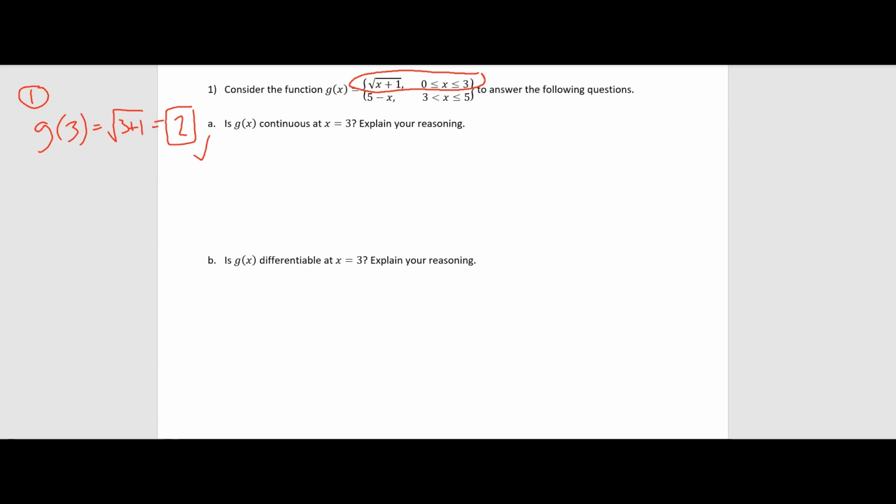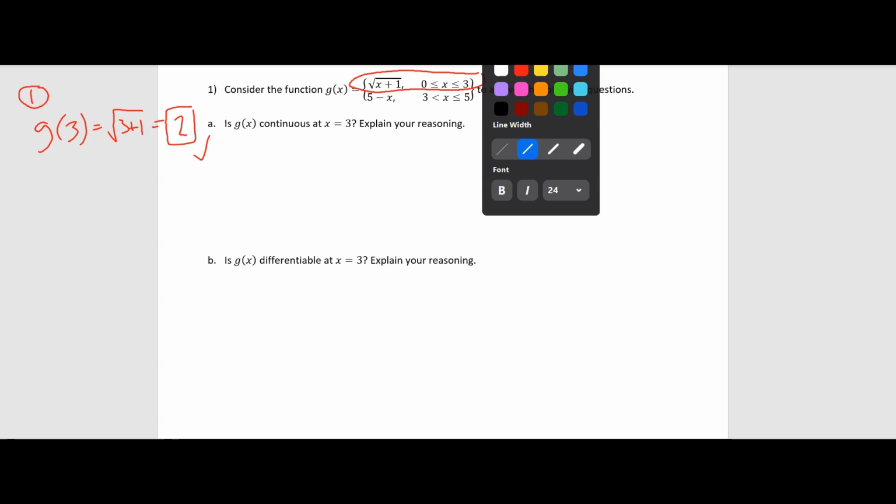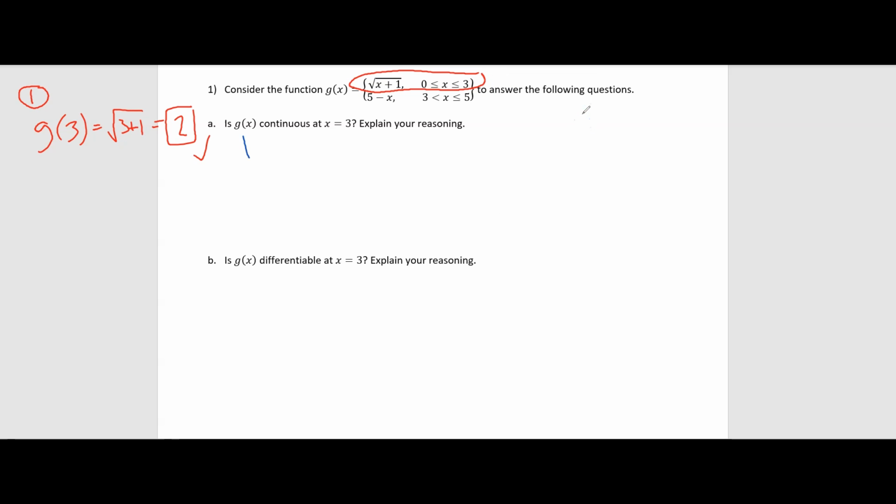Now, our second criteria is that the limit as x approaches 3 of g of x exists. So we've got to check the one-sided limits here. We've got to check both to make sure that they both equal the same thing. So again, what I like to do is set up an equation. I've got the limit as x approaches 3 from the negative side of g of x is equal to the limit as x approaches 3 from the positive side of g of x.